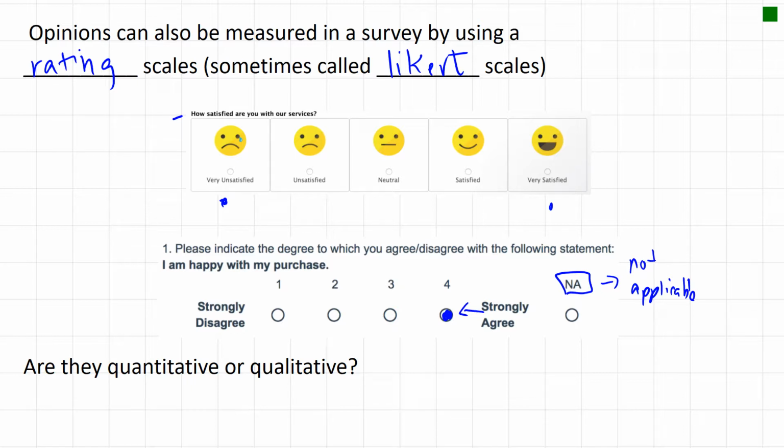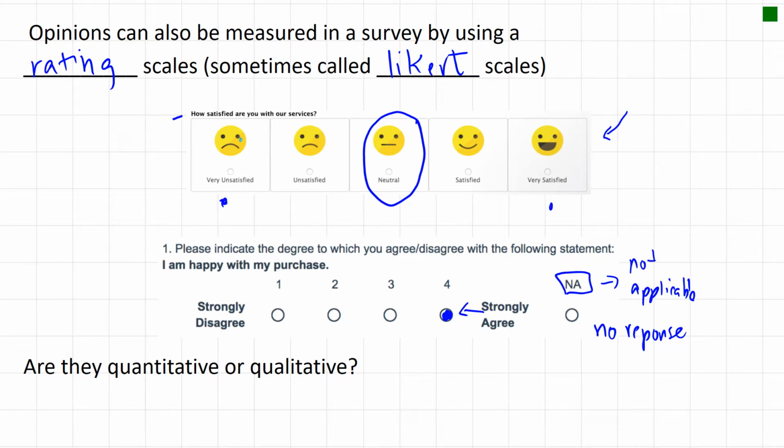That's the no response option. And notice that in this example up here, there is really no response option. There's no place for somebody that didn't use the services to answer the question. You might feel neutral, but if you didn't use the services, then there is no option there. So that's a little bit of a weakness in that emoji version of the rating scale.